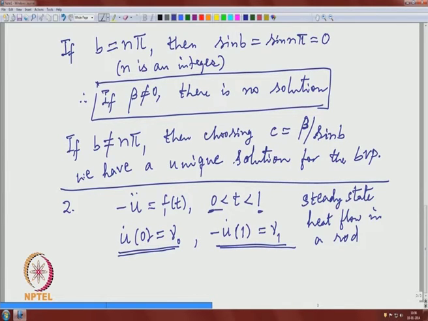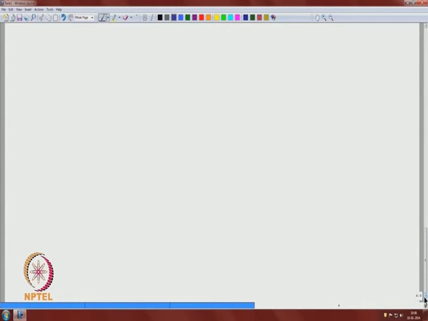Now, f is the forcing term. f is given to us. And now, let us integrate the differential equation. So, we have integral 0 to 1 of minus u double dot(t) dt is equal to integral 0 to 1 of f(t) dt.